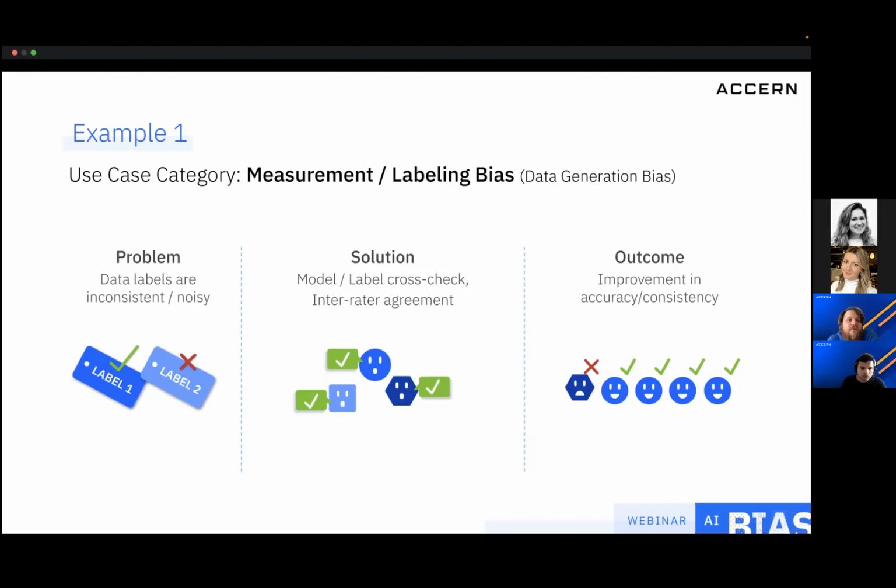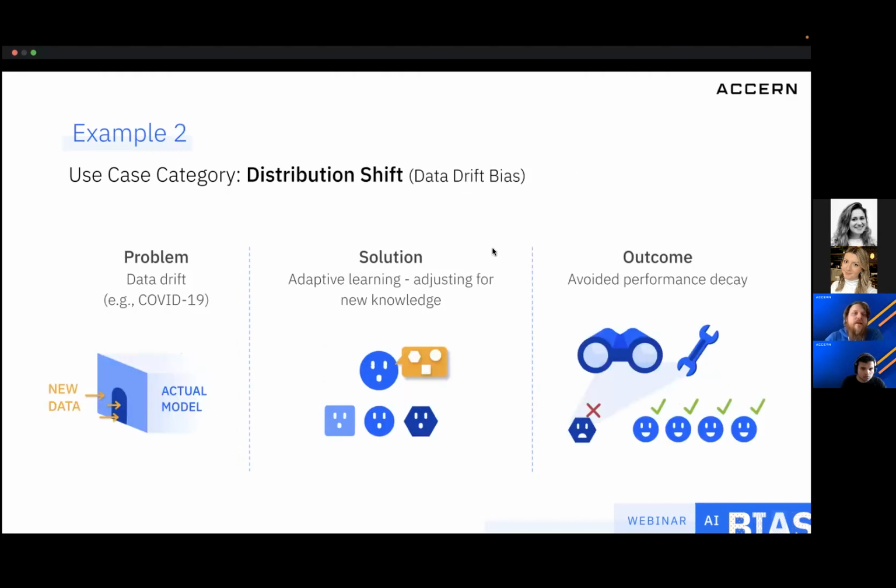Okay, so let's move to another example. We talked about this before as well: distribution shift. I think the best example for this has been COVID-19. With the onset of COVID-19, once it came into the news, and we are interpreting and digesting news, the models needed to be able to understand that things are different now.